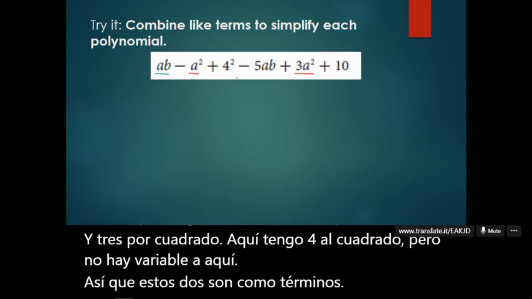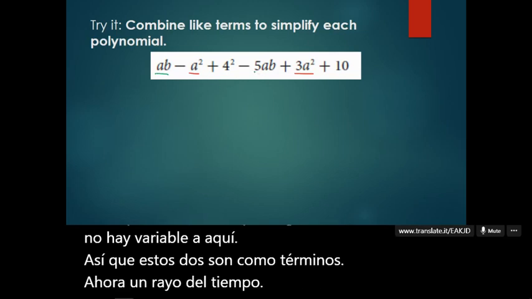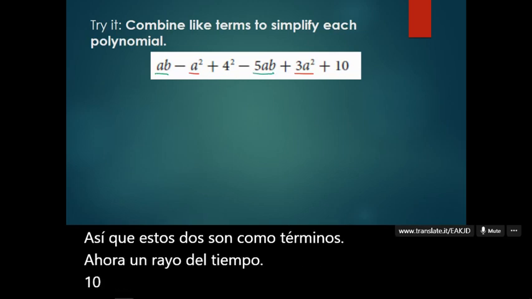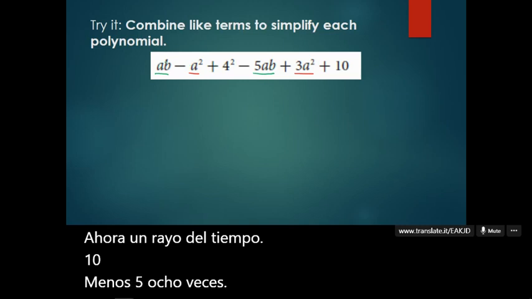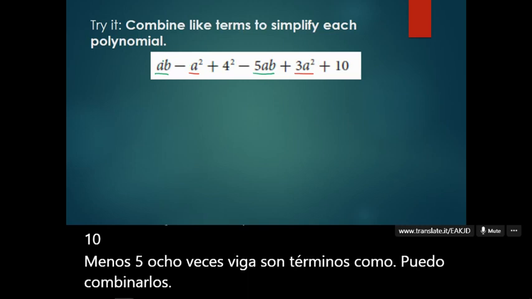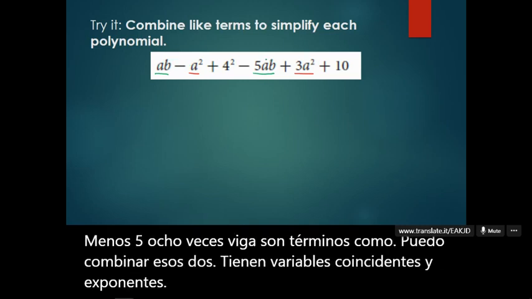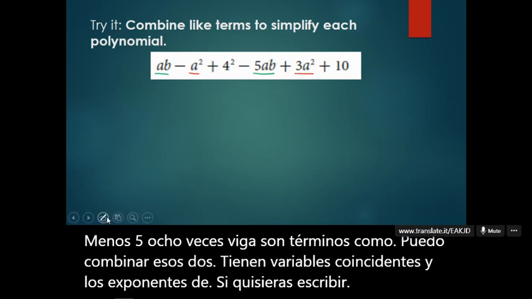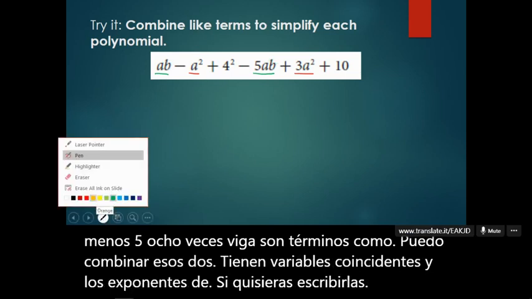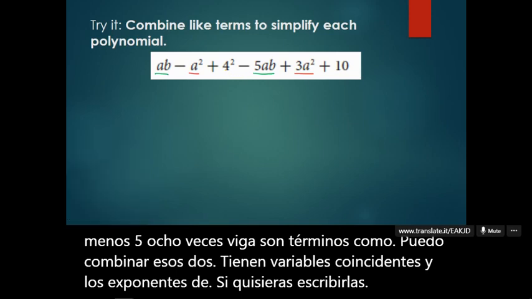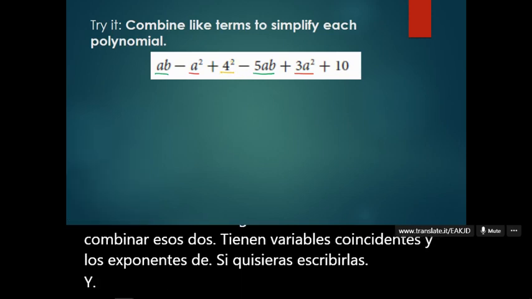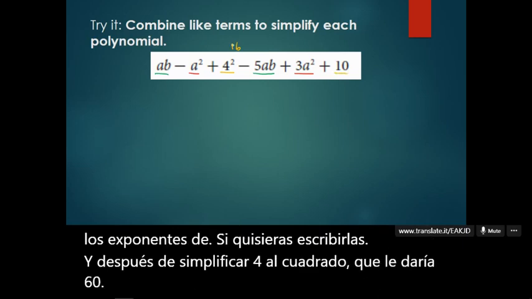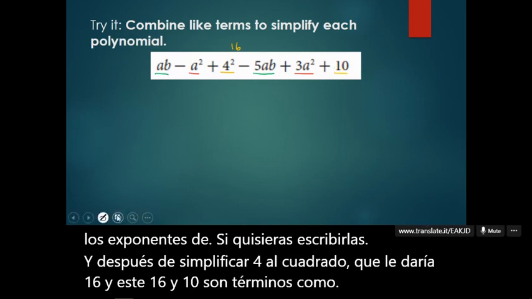Now ab and minus 5ab are like terms. I can combine those two. And after simplifying 4 squared, that would give you 16.